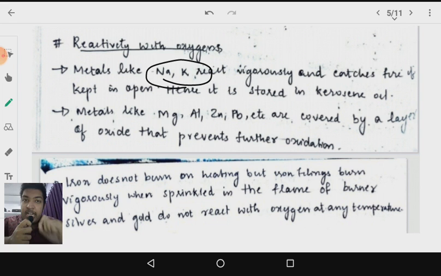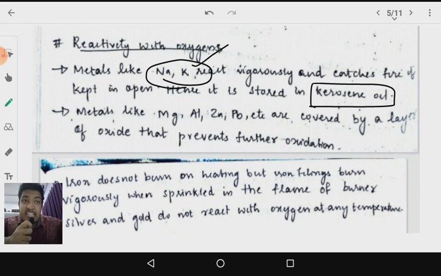So it is really dangerous. That is why we are storing sodium and potassium in kerosene oil, because if they come in direct contact with oxygen, they catch fire easily. The process is exothermic and it releases a large amount of energy, as a result of which it catches fire easily. So that is why we are storing the elements sodium and potassium in kerosene.